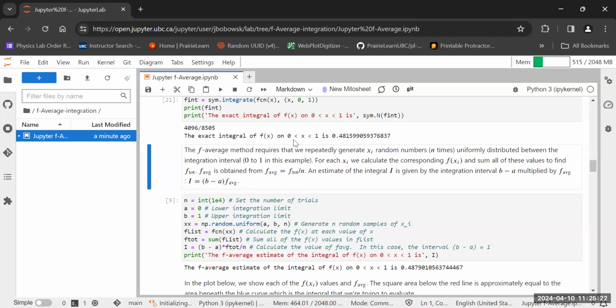And so that's all there is to it. This takes less than a second to run, 10,000 trials, and we got 0.4738. Whereas the exact is 0.4816, if we keep running this over and over, there's 0.4836, so that's one that's a little above the true value.